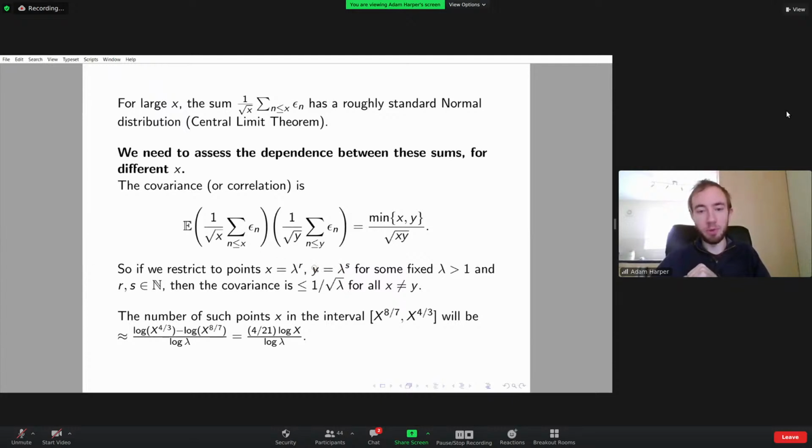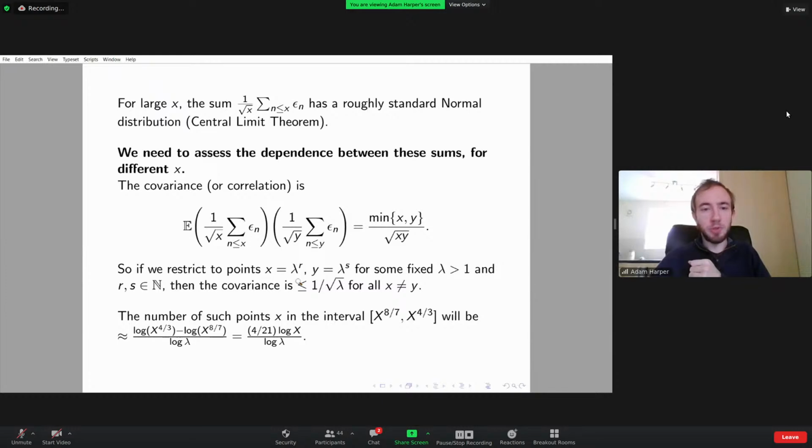So the denominator here will be at least square root lambda times as big as the numerator. So along this sequence, for all different points x, y, we're getting an upper bound for this covariance which is like 1 over square root lambda. So if lambda is large, this is getting small, and that's getting closer to the situation of these things being independent. So the smaller the covariances, the more independent the random sums are.